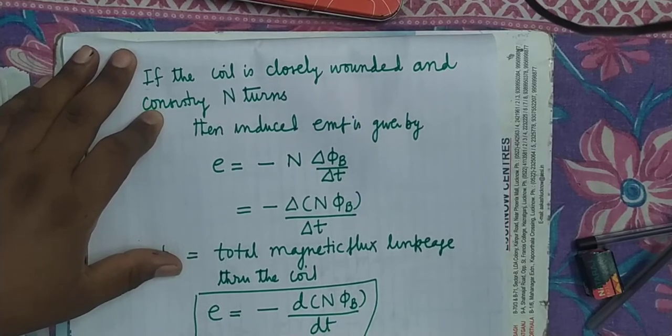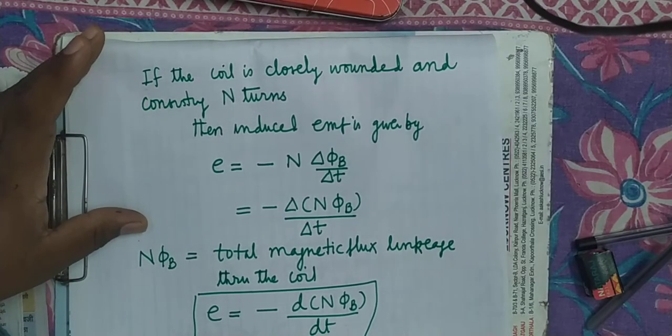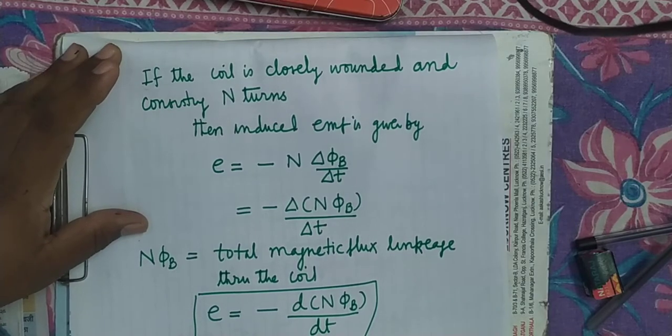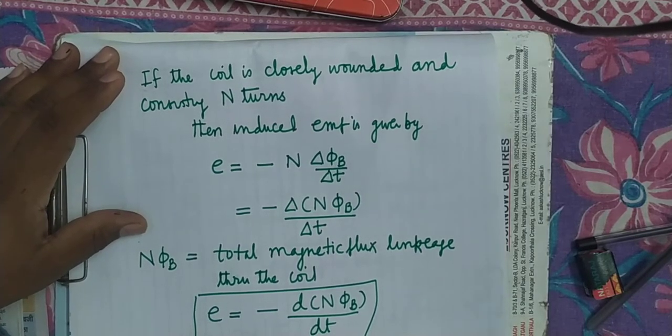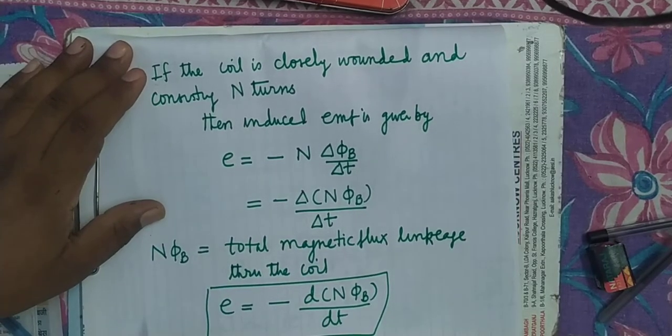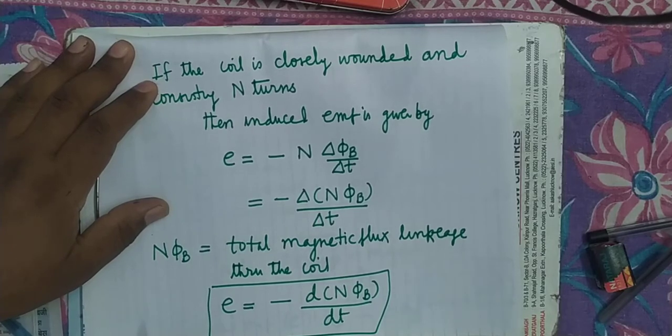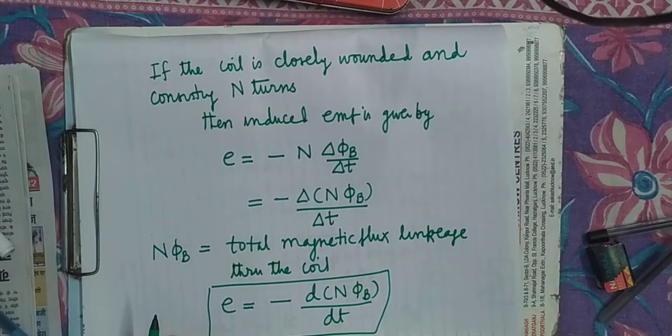Now what is the purpose of this negative sign? It's clear. Now see here, the negative sign shows that the direction of induced EMF will be such that it will oppose the cause by which it is produced.